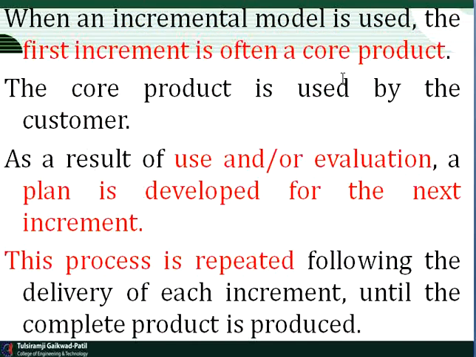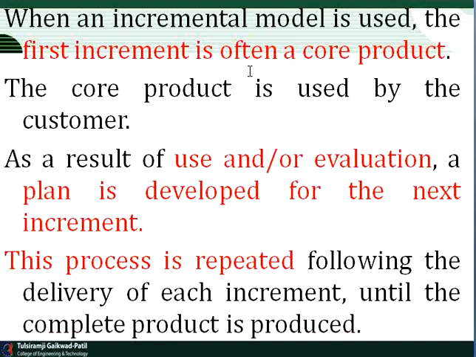When an incremental model is used, the first increment is often a core product. At the initial step, we implement the first module, which is the core product. For example, while implementing a large application, in the first module we complete our login form.